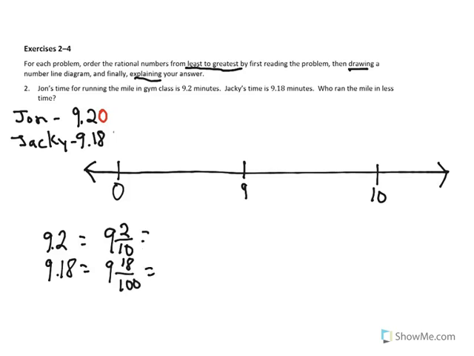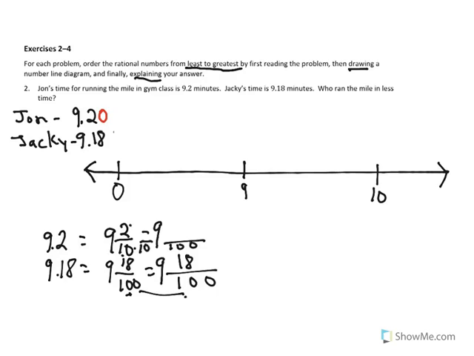Then I found a common denominator. The common denominator between 100 and 10 is 100. I kept the 9 wholes the same for both. How did I get from 100 to 100? I kept it the same. And how did I get from 10 to 100?